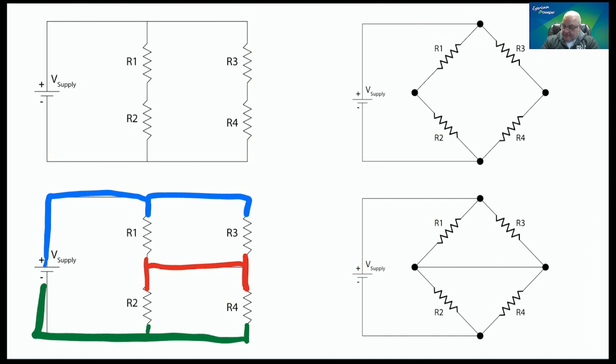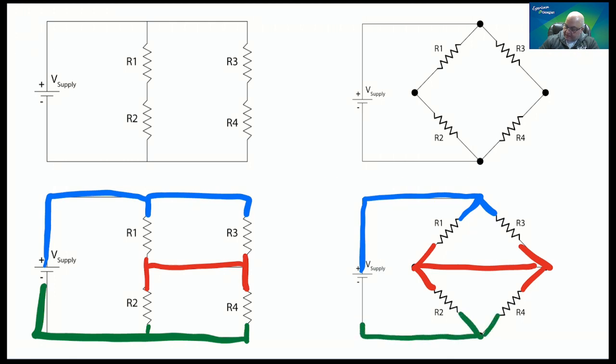Now, same thing here. If I do the same thing, this is the blue node right there. This is the red node right there. And this is the green node right there. As you can see, on the left side or on the right side, R1 and R3 are both in parallel, and the same applies to R2 and R4.